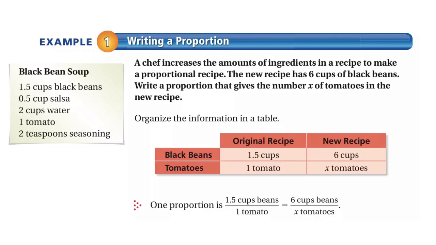Once you have them in the table, it's pretty easy to write it as a proportion. 1.5 cups per 1 tomato equals 6 cups per X tomatoes. We could have gone with rows, but it's so nice and easy to do this just in the columns. So you have cups per tomato, cups per tomato.